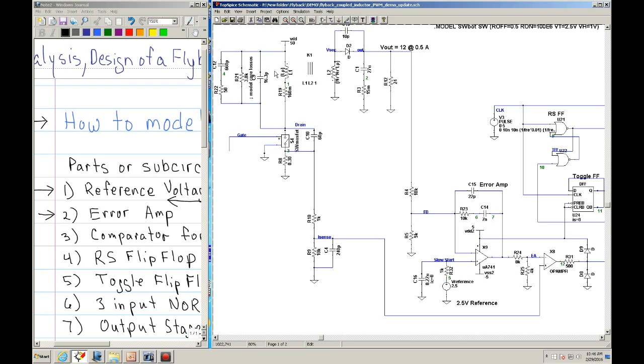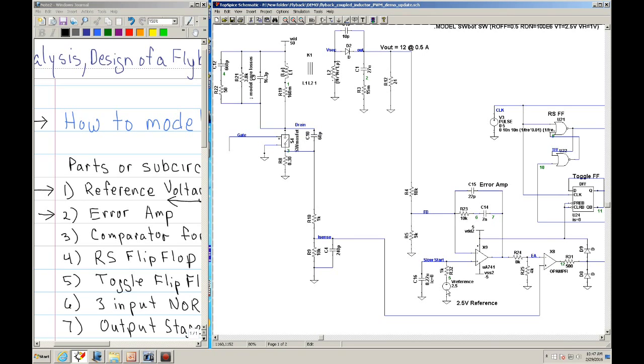Okay. That's a very important feature to have in a PWM, in that when you start a switching power supply, they have a tendency of overshooting. So to circumvent that, you put a resistor and a capacitor.